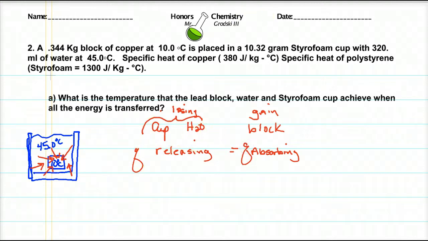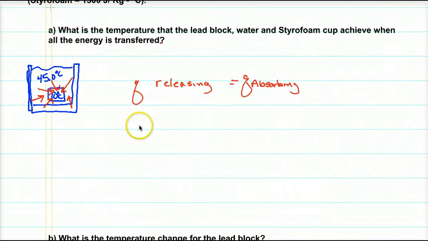All right, so let's get rid of some things here. So it's very important that we define the energy released and absorbed. As I always keep saying, or as I've kept saying this unit, you can't have an exothermic process without an endothermic one. The energy is going from one system or one group of compounds or things into another.